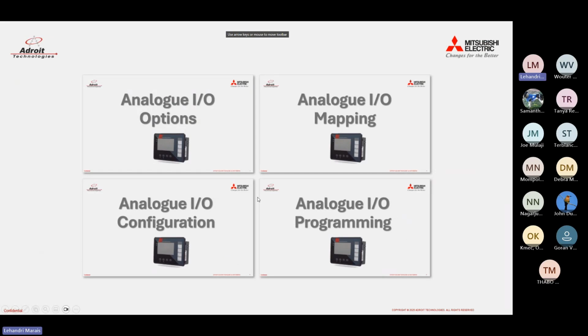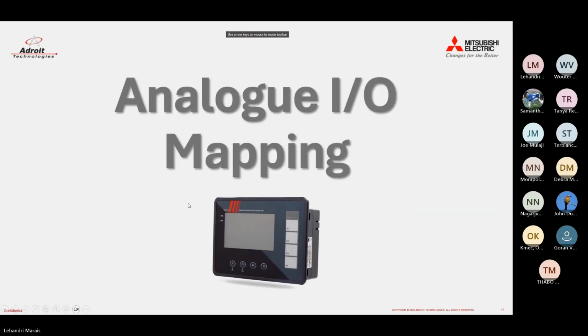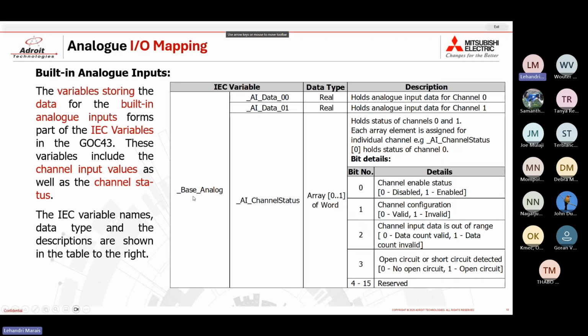With that being said, we will be moving on to our I/O mapping for both your built-ins and your extension modules. Starting off with built-ins, the variables associated with your built-in analogs form part of your IEC variables, which is a group of variables known by a symbolic name, which in this case is _base_analog.